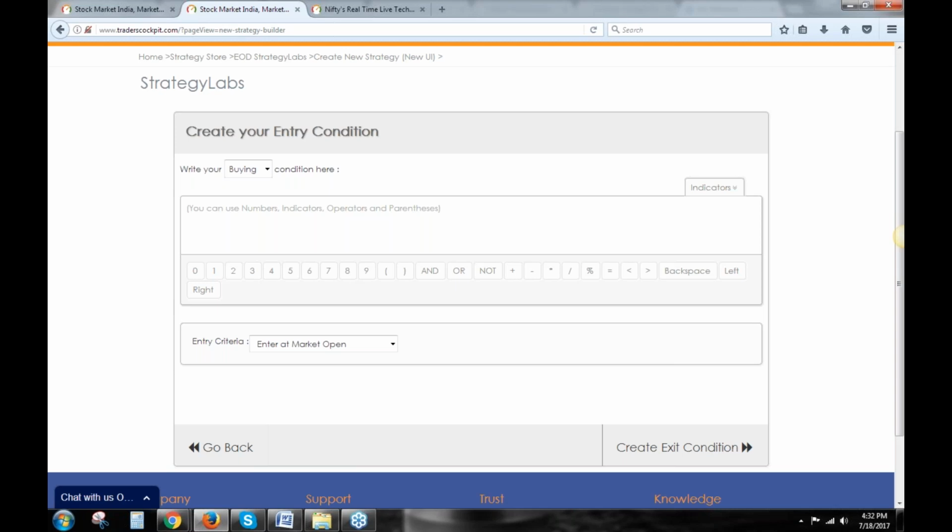That's what combines to get a complete strategy, right? And suppose in this case, the strategy which I'm taking will be somewhat like this.